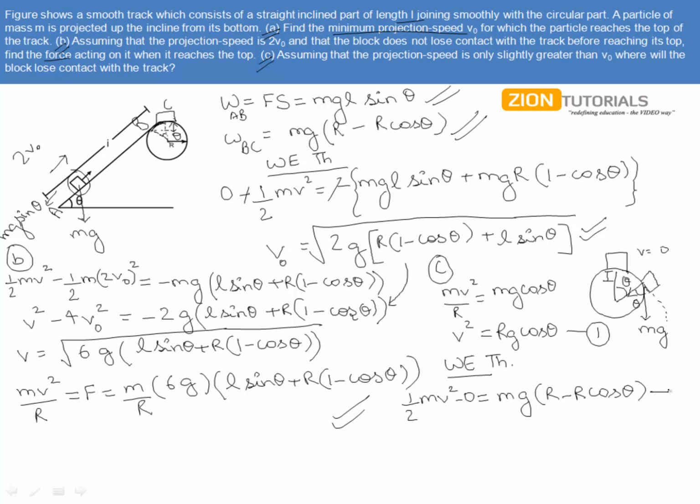Marking it as equation number 2 and equating v square from equation number 1 and equation number 2, we get cos theta to be 2 by 3, giving us the required angle theta equal to cos inverse 2 by 3.